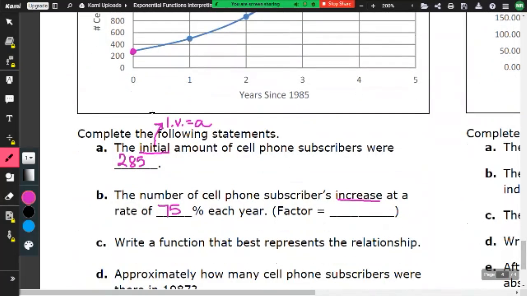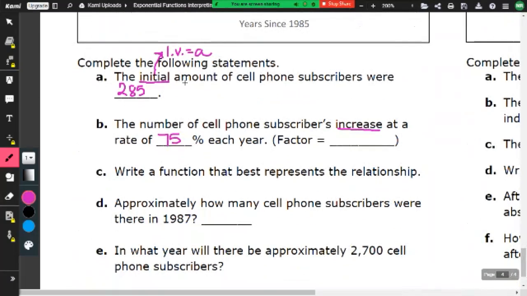Now, in order to find the factor, I need the rate. I can't write my equation, my function. I can't do part C without finding the factor first. And you find the factor by taking the 1, either adding or subtracting the rate. I know that it's 75%. How do you switch 75% to a decimal?